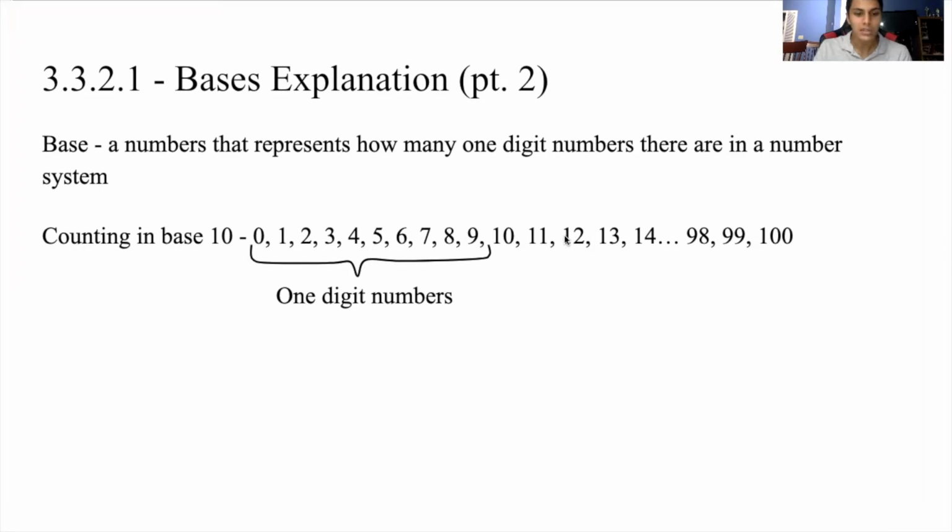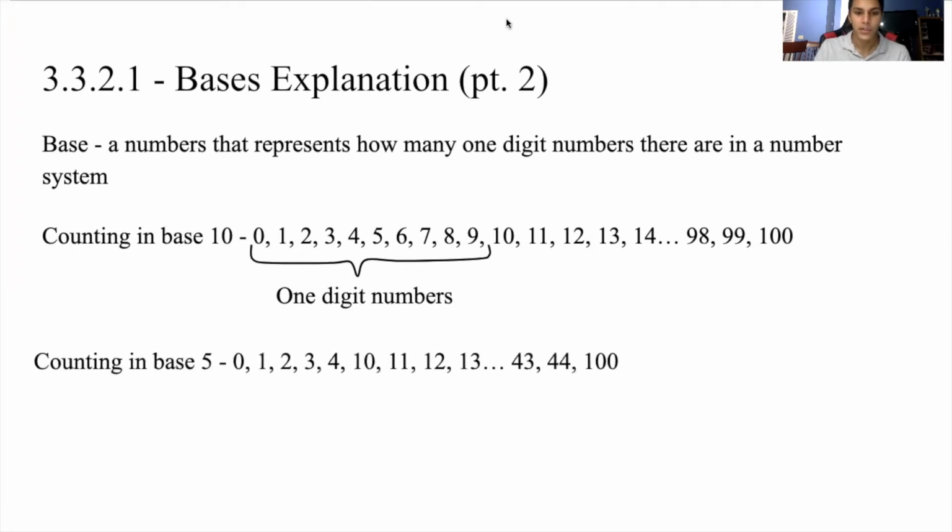So say I was counting in base 5, for example. Then theoretically in base 5, we should have 5 one-digit numbers. And that's actually exactly what we have. In base 5, if we were to count starting at 0, because 0 is our first one-digit number, we would count 0, 1, 2, 3, 4, and then we can't have another one-digit number.